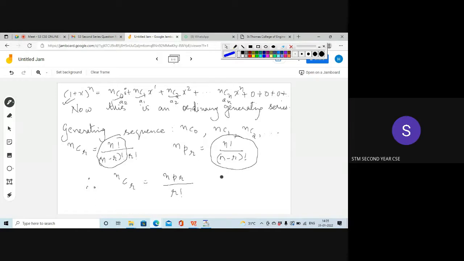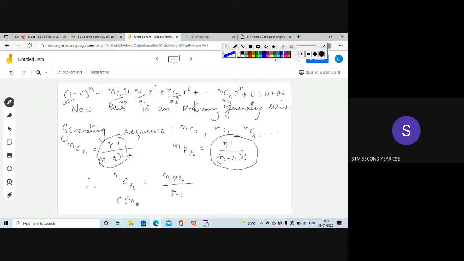So for an exponential series, I want the factorial term at the bottom, isn't it? The exponential series has factorial term at the bottom. That is why I'm rearranging this combination into permutation. So nCr, you can write the formula in this form also.